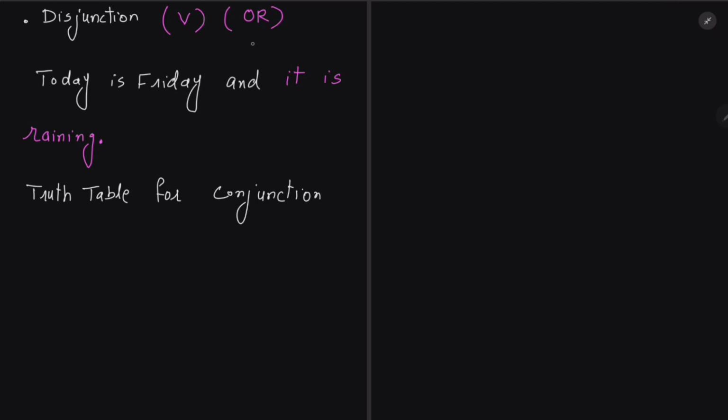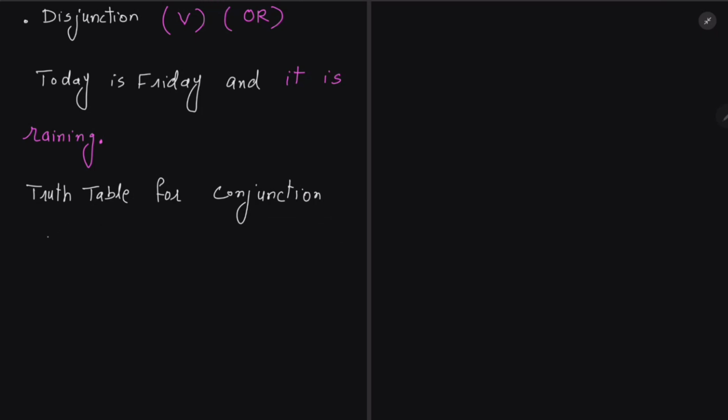Since there are two statements, we get 4 rows. This is the formula to know how many rows we require for any truth table.